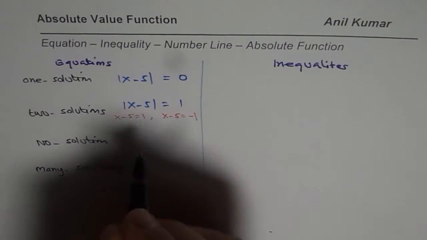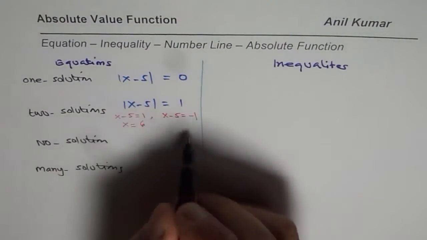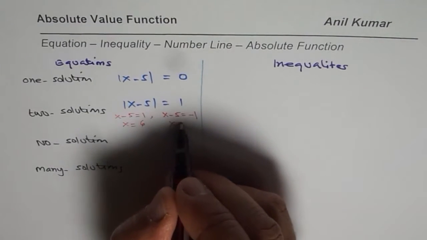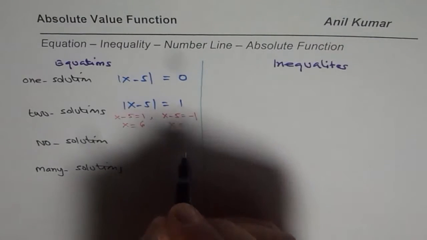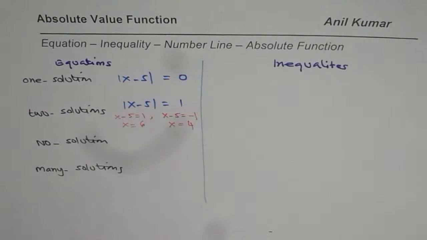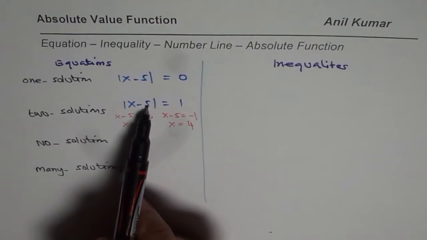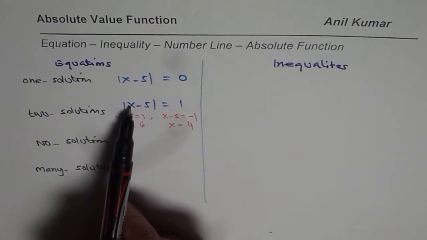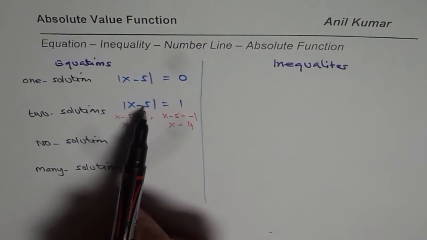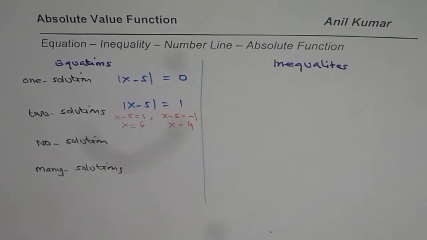So this will give us x equals 1 plus 5, which is 6, and this will give us x equals minus 1 plus 5, which is 4, correct? If we substitute 4 here, 4 minus 5 is minus 1, absolute value is 1. If I substitute 6, 6 minus 5 is 1, and absolute value of 1 is 1. So there are two solutions, you can see, right?